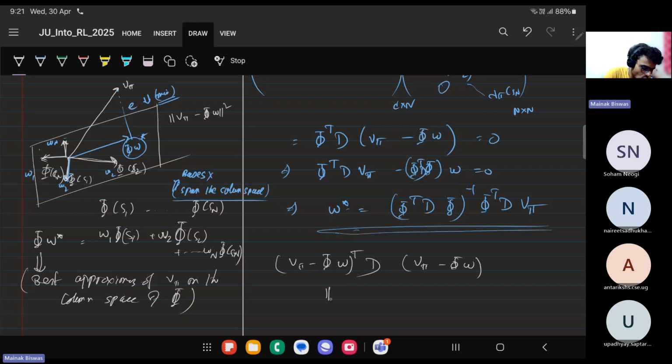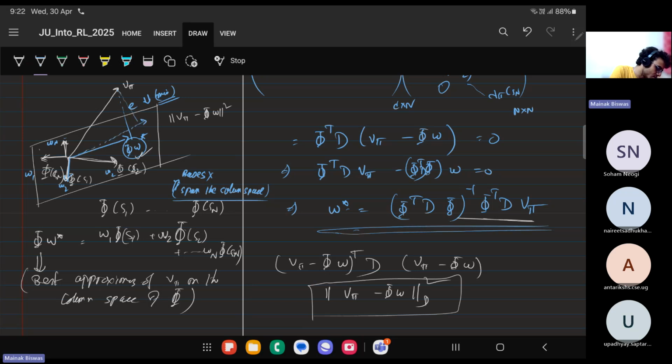This is also known as the norm induced by a diagonal matrix. So this is induced by D. So it's not exactly this matrix that we are having. Instead, we're having a shifted vector, right?